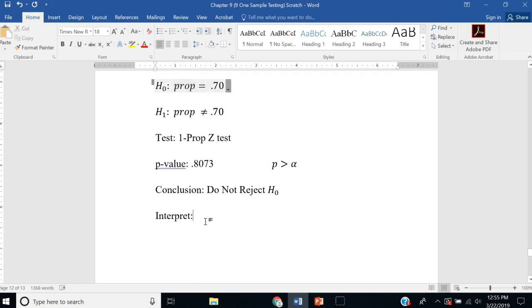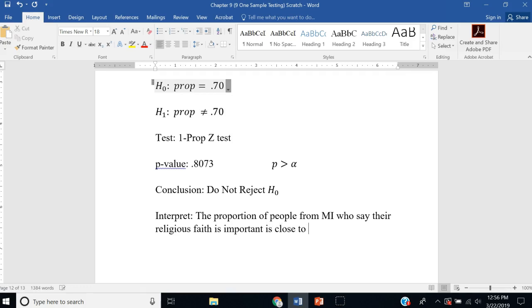So the proportion of people from Michigan who say their religious faith is important is close to 0.70.